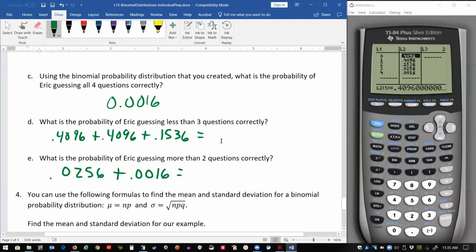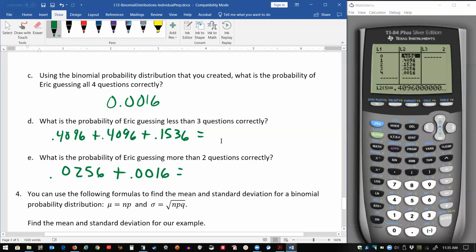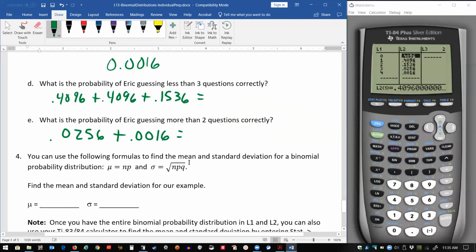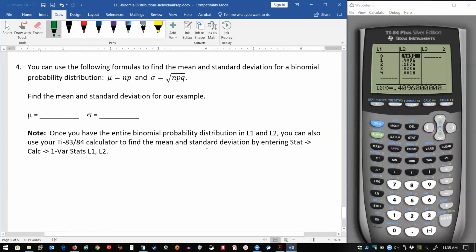Now as with all probability distributions, you can find an average and a standard deviation for these problems. I gave you in our last lesson formulas for finding the mean and the standard deviation for, in general, any probability distribution.